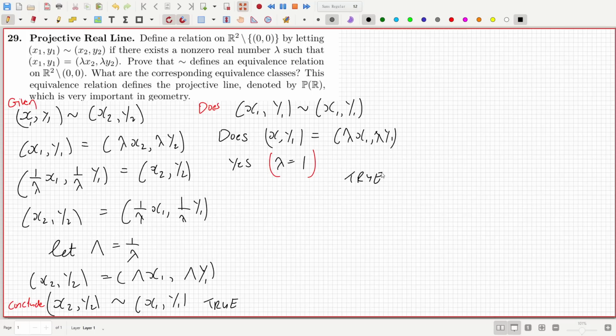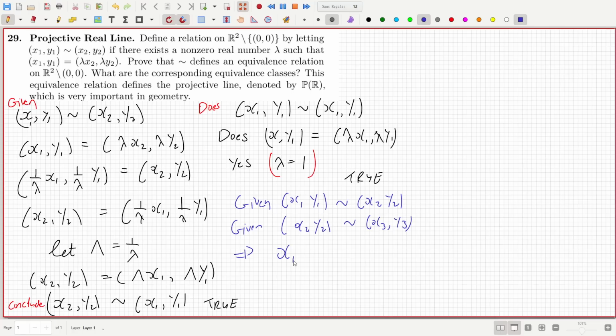Now the trickier one, well, actually maybe it's not trickier, the transitive one. Given that (x1, y1) is equivalent to (x2, y2), and given (x2, y2) is equivalent to (x3, y3), that means you can say (x1, y1) equals (λ1 x2, λ1 y2).